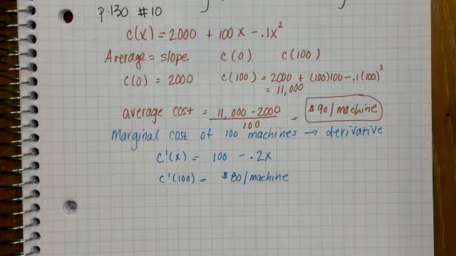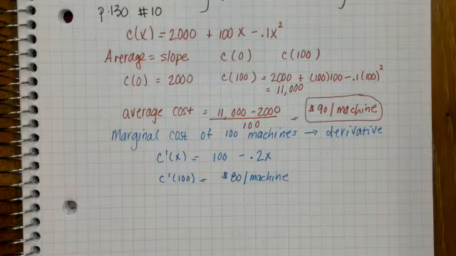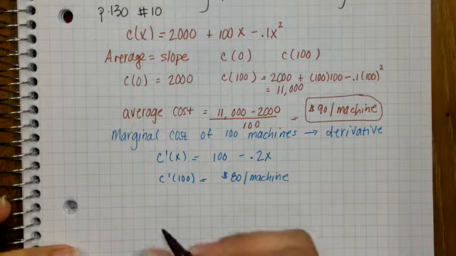Okay, the next part says, show that the marginal cost when 100 washing machines are produced is approximately the cost of producing one more washing machine after the first 100 have been made by calculating the latter cost directly. So let's find the cost of the 101st machine.